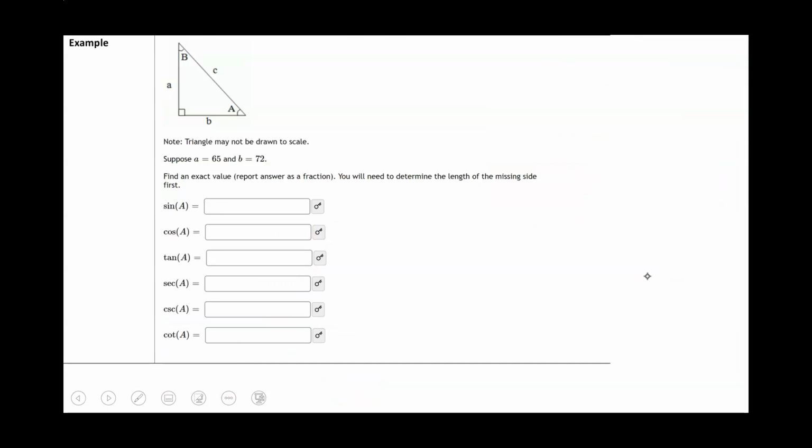Okay, in this triangle, suppose that A is 65 and B is 72, and we want to find all these ratios. First we need to find out what C is. The Pythagorean theorem states that A squared plus B squared equals C squared. So we have 65 squared plus 72 squared equals C squared.